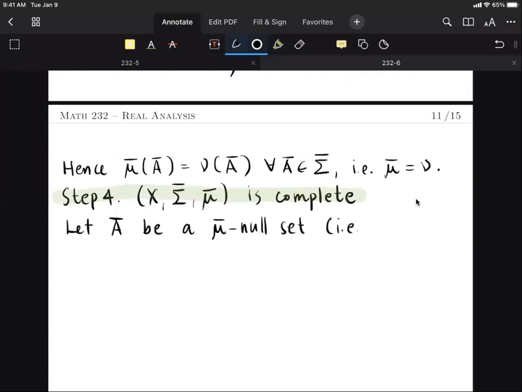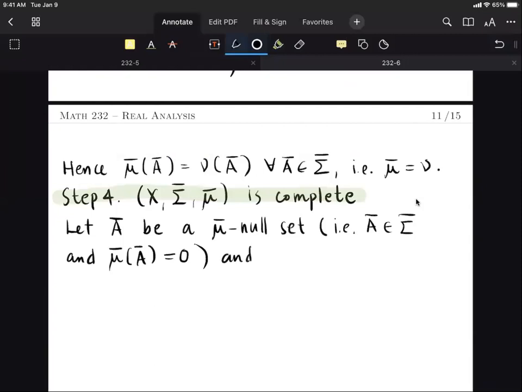Let us just recall the definition. That is, A bar is in sigma bar, and the measure with respect to mu bar is 0. That is basically the definition of a mu bar null set.